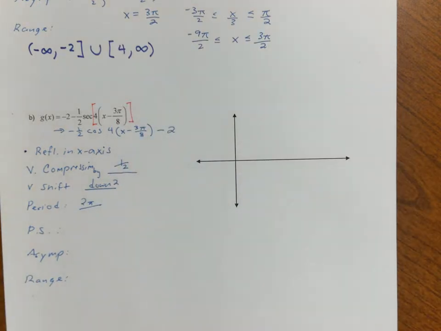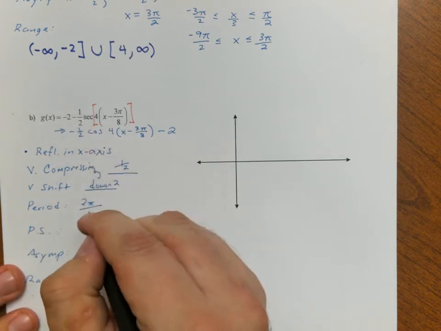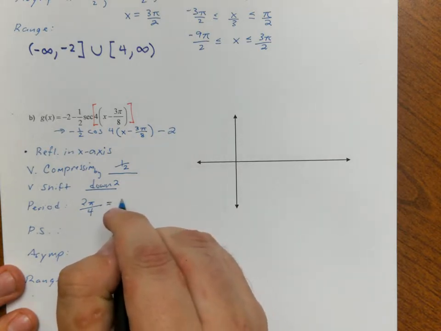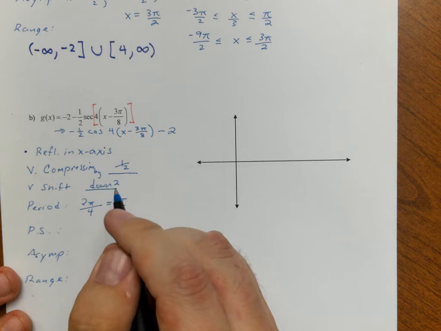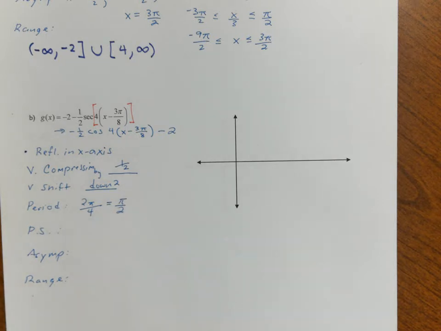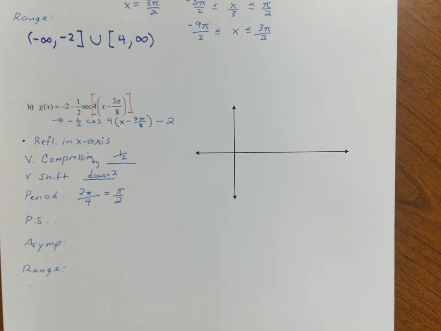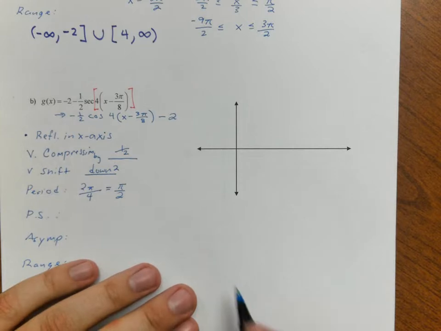All of that is inside my trig function. All of that is the argument of that secant. So I have to take the 4 and divide that into 2 pi. 2 pi divided by 4 is pi over 2. Now again, to find the phase shift, I'm always able to take whatever the argument is here, set it equal to 0, and solve. But I'm also very strongly encouraged to use my bookend method.